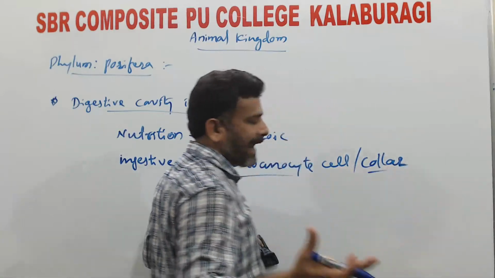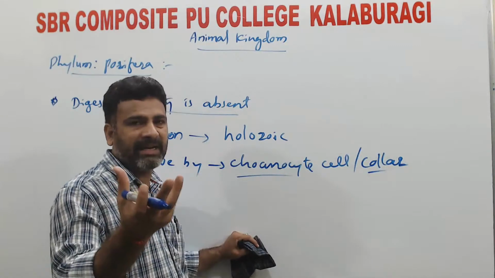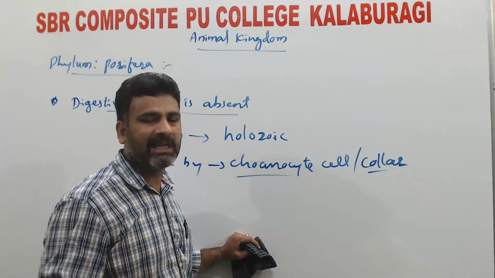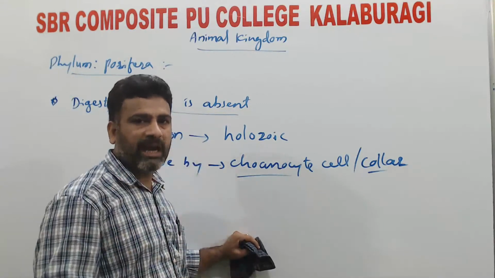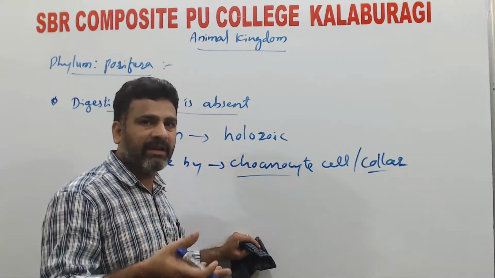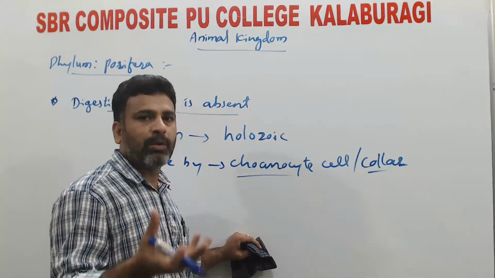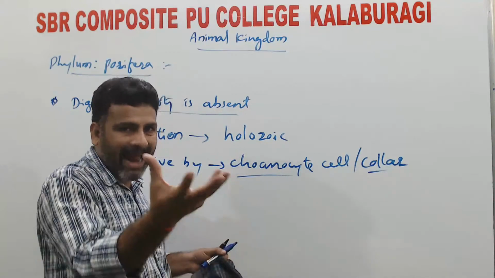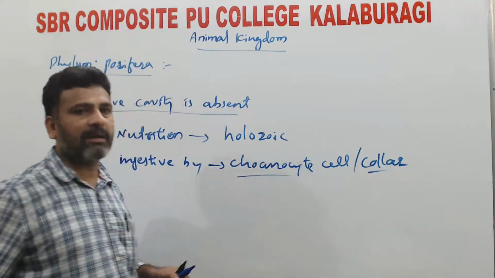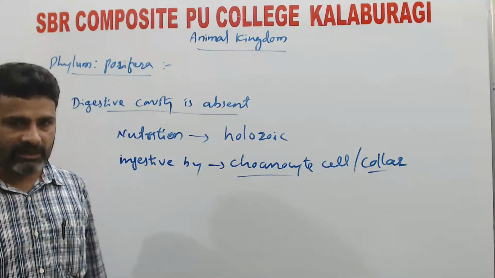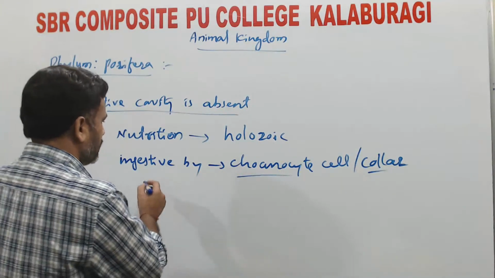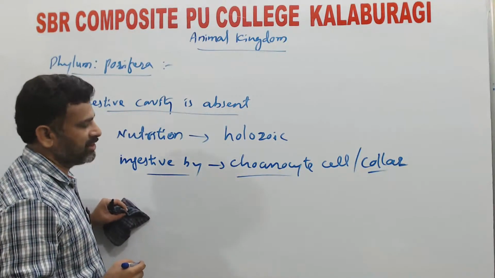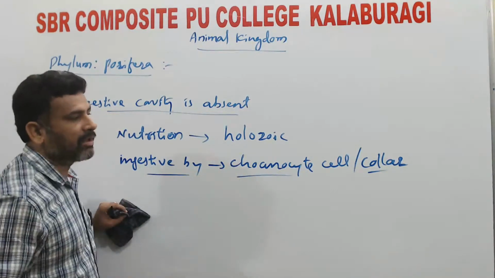They mainly capture the nutrients or food materials present within the circulating water in the spongiocoel cavity. Whatever nutrients are there get grabbed by the collar cells. That's why ingestion occurs by the choanocyte cells.